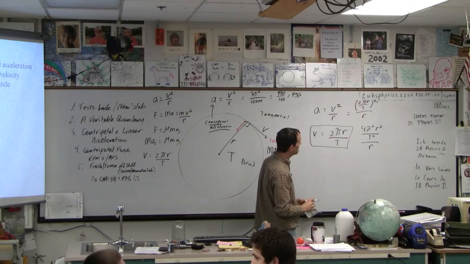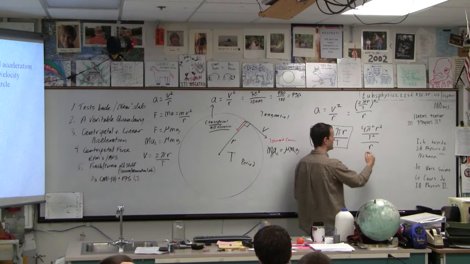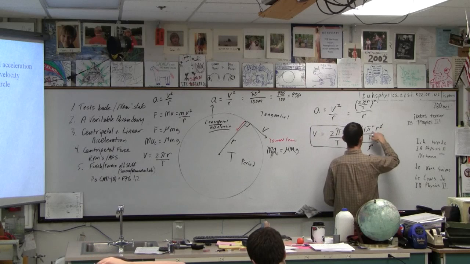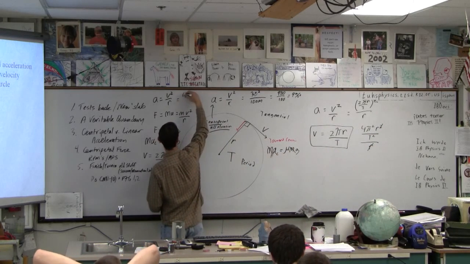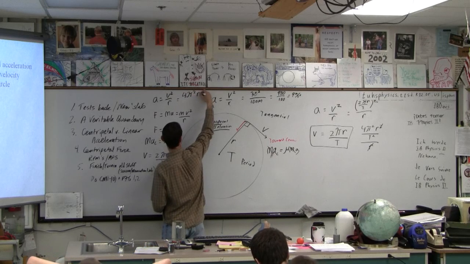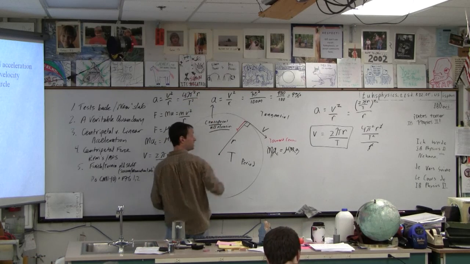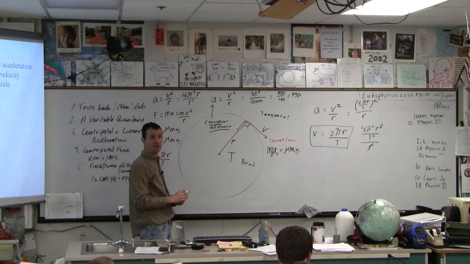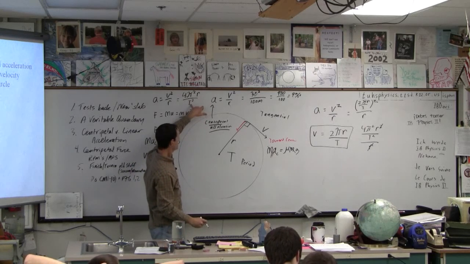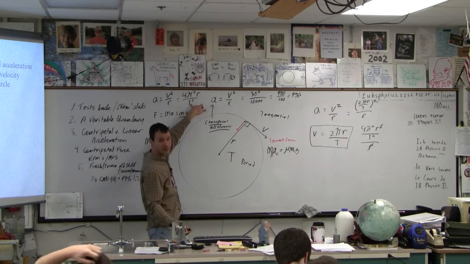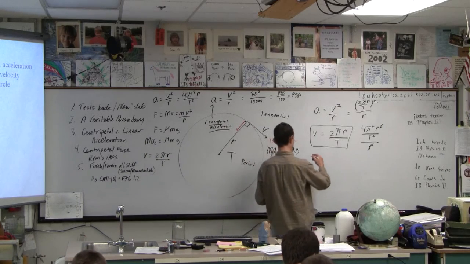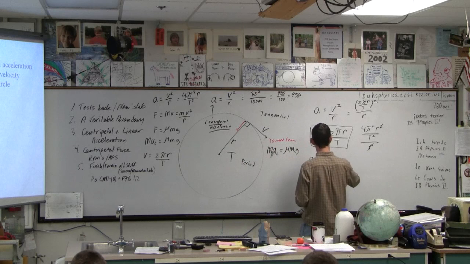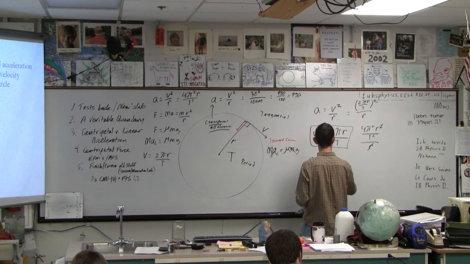One of the r's cancels, leaving behind another r. Our final formula is a equals 4 pi squared r over T squared. This looks like it's got the right units: meters per second squared, because period is in seconds. So it's going to work. This is our new formula: 4 pi squared r over T squared.